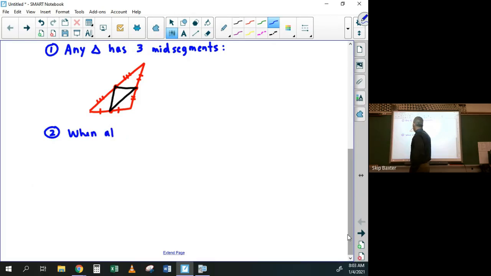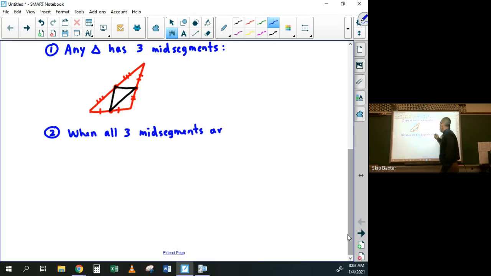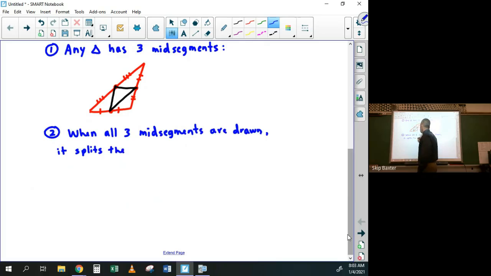And all 3 mid-segments are drawn. Splits the triangle up into 4 congruent smaller triangles.